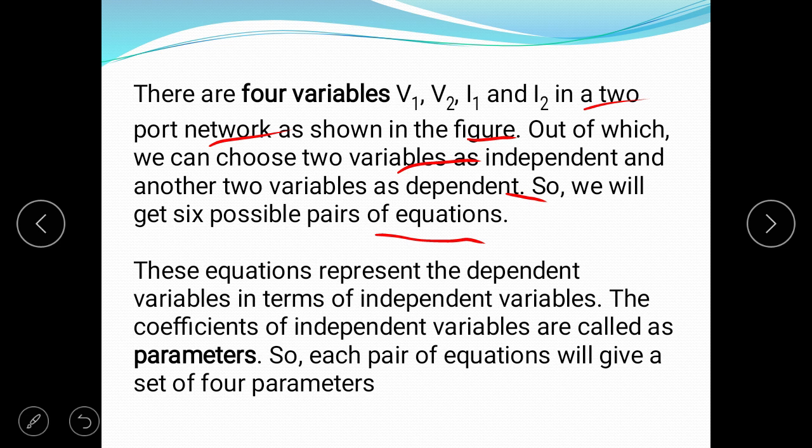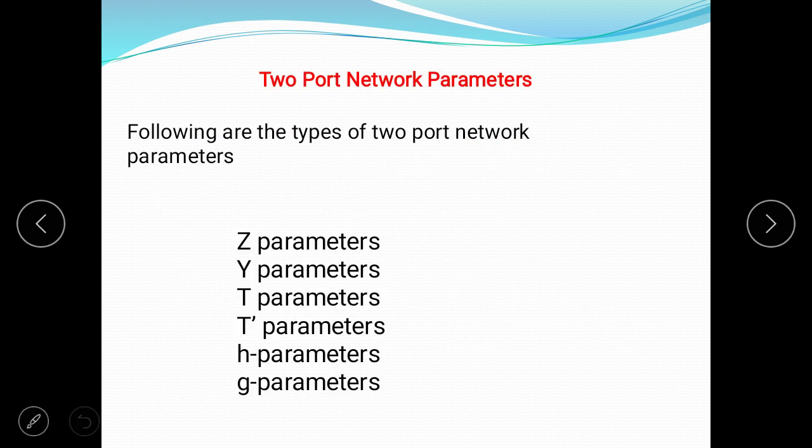These equations represent the dependent variables in terms of independent variables, and the coefficients of the independent variables are called parameters of the two-port network. For each pair of equations, we get a set of four parameters. So in a two-port network, the parameters are Z parameters, Y parameters, T parameters, H parameters and G parameters.